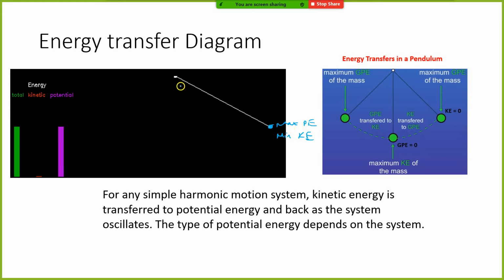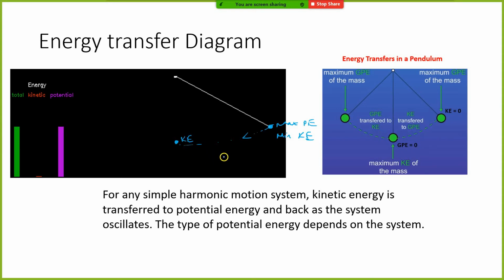But one of the beautiful things is that once we start the pendulum moving again, it comes to this point, which is the equilibrium position. Whenever it passes through the equilibrium position, all of the potential energy in the system is converted into kinetic energy.